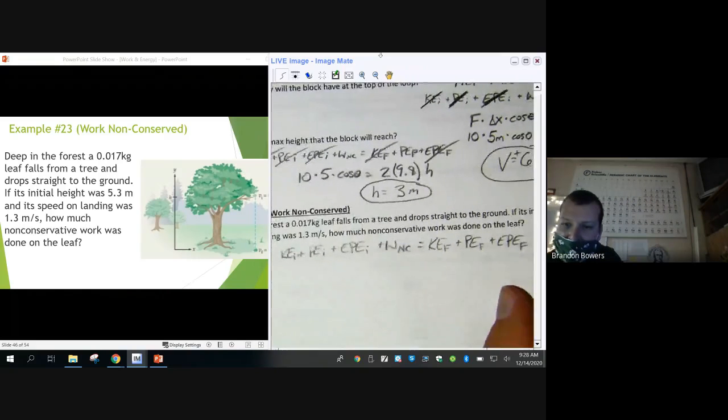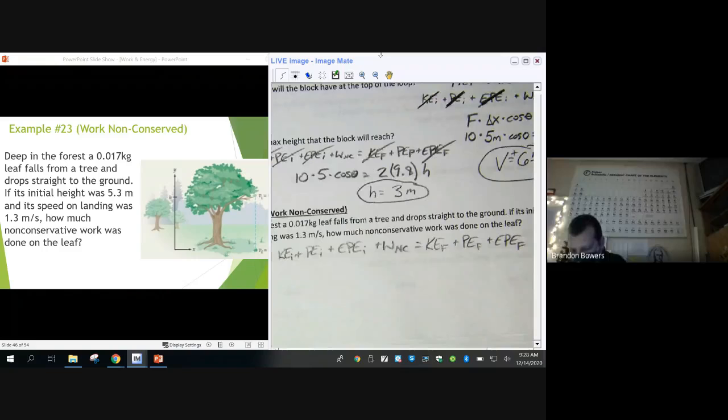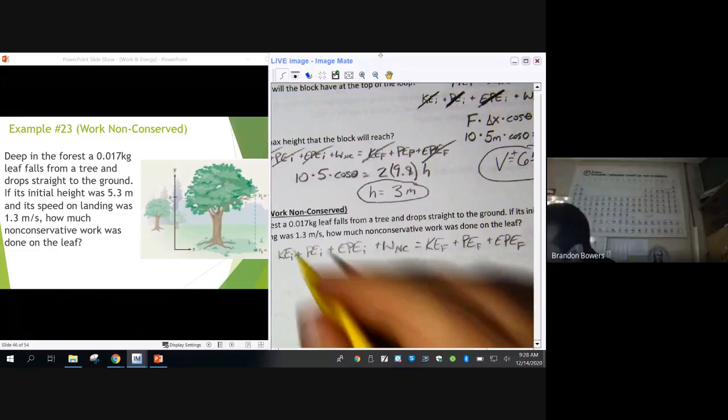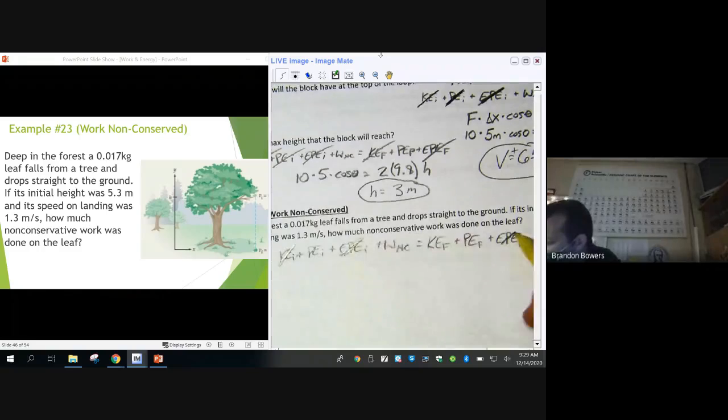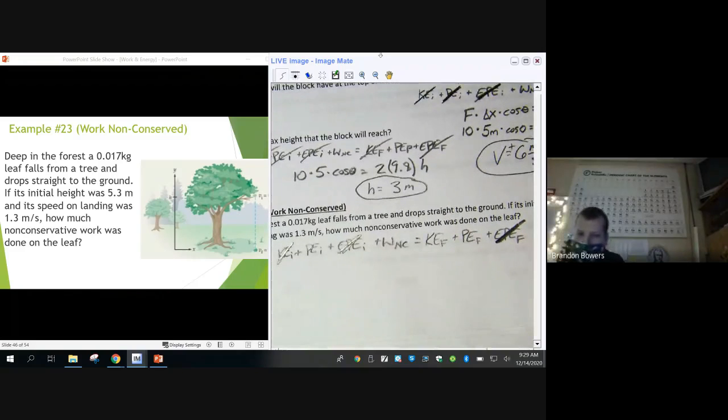Reading this, deep in the forest, do I have initial potential energy when it's sitting there? Yes. Do I have kinetic? Not in the initial. Is there any springs involved? No. Okay, so I can get rid of both elastics.